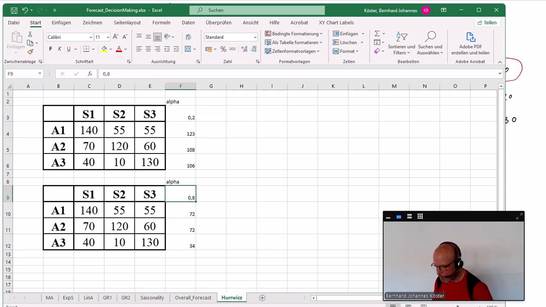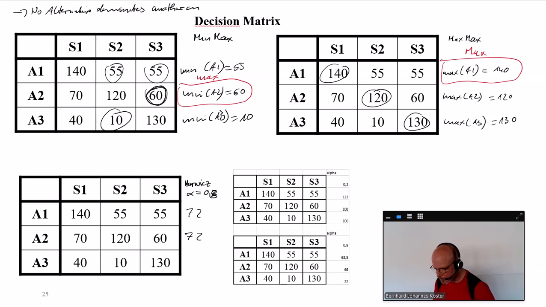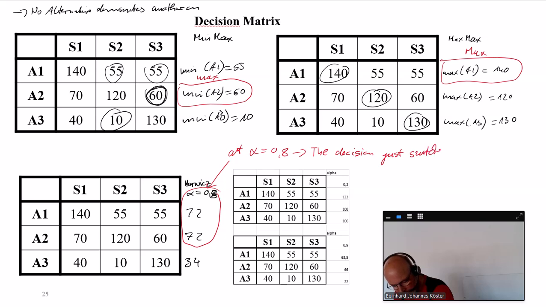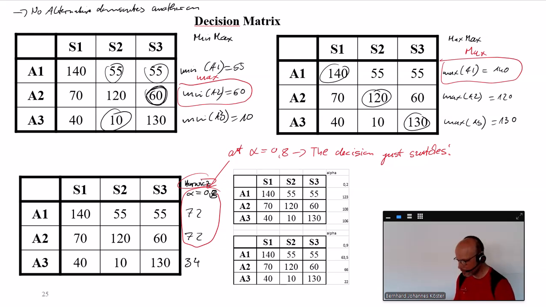Okay. So here at alpha equals 0.8, the decision just switches, and this is the Hurwitz rule. Okay, at the exercises, then you have also just an example doing this.